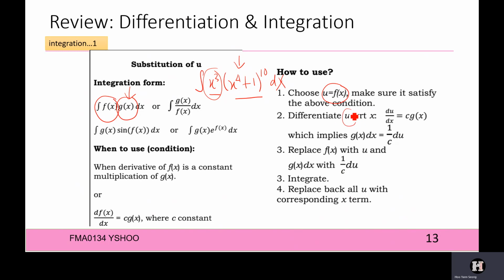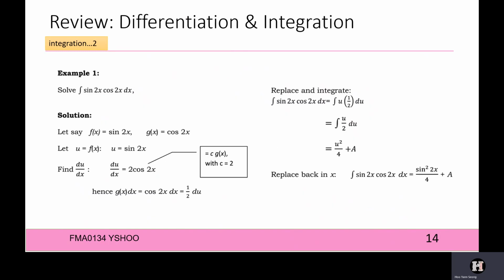After the differentiation, when you substitute the dx over here with a du, definitely your x³ will disappear, so you will be left with terms in u only. Everything with x should disappear, and after that you integrate, then replace all the u with your x. So for example, one of them is sin 2x or cos 2x. This question doesn't mean that you must use substitution.